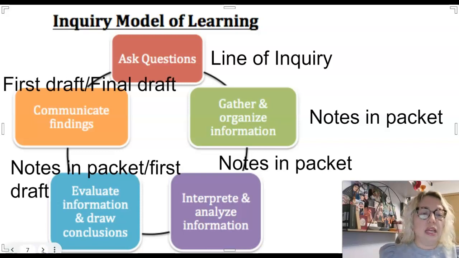Finally, we communicate findings. And this is a loop. It goes around and around. It's recursive. It happens more than once. And so you've been doing these things all along and coming back to it. And we're going to go for one more round here. We're going to take a look at what you've got, and we're going to work on making it even better.